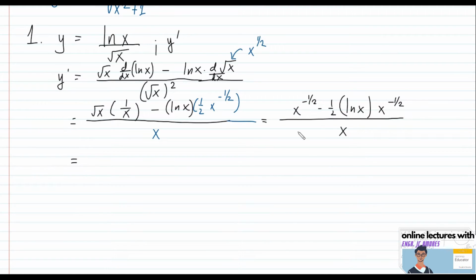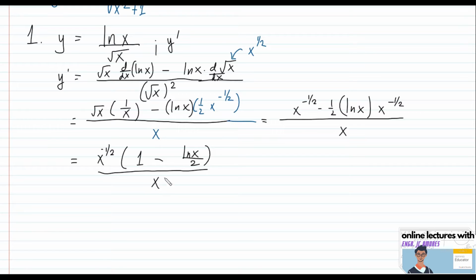Now, we could factor out x raised to negative 1 half. So what we'll have here is simply 1 minus ln x over 2.